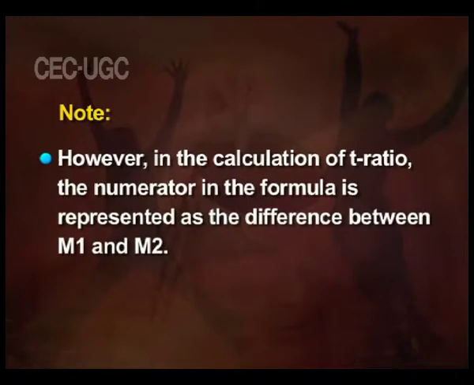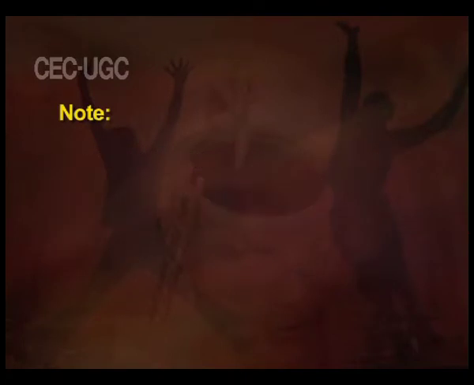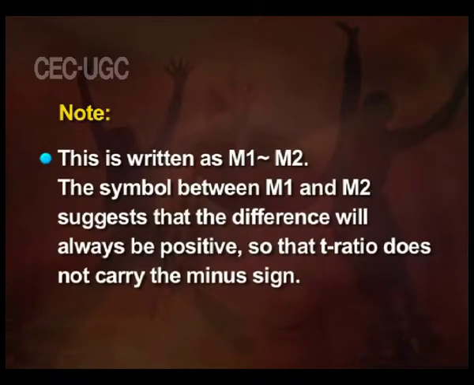However, in the calculation of the t ratio, the numerator in the formula is represented as the difference between mean 1 and mean 2. This is written as m1 minus m2. The symbol between m1 and m2 suggests that the difference will always be positive, so that the t ratio does not carry the minus sign.